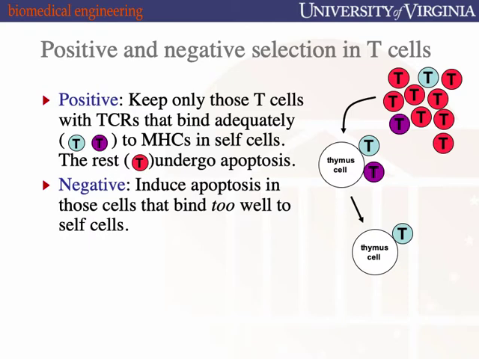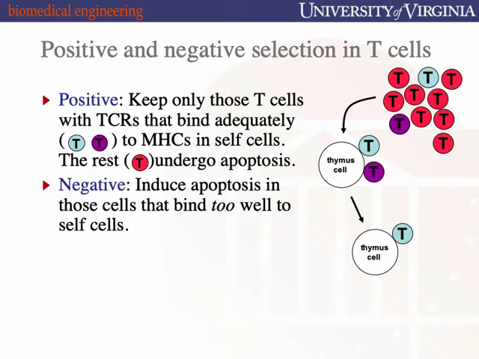Well, I want it to bind, but if it binds too well, then it might be a little too promiscuous, and I don't want this thing binding to self-antigen. So now it's going to go through this process where any thymus cells, which are professional antigen-presenting cells, are presenting all of your self-peptides, every single peptide motif that you can generate from your own body. If the T cell receptor binds to that too tightly and becomes activated, what is that the very definition of?